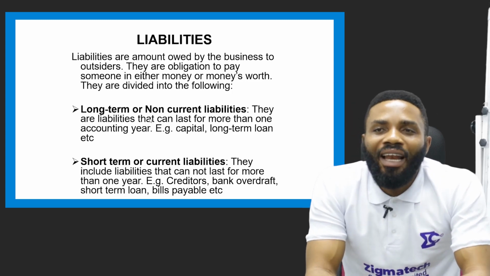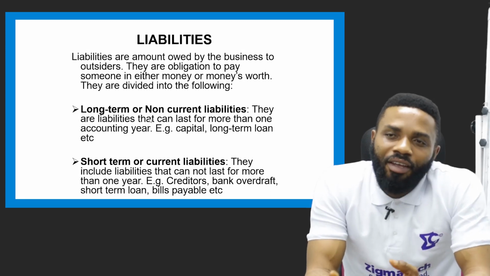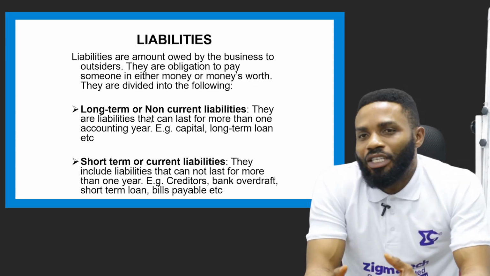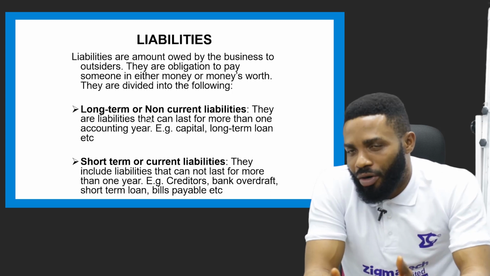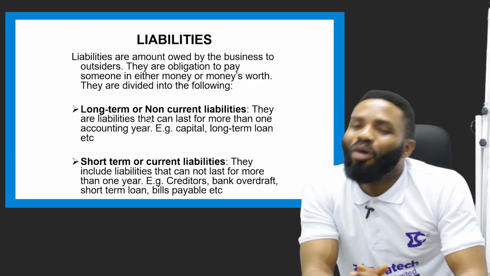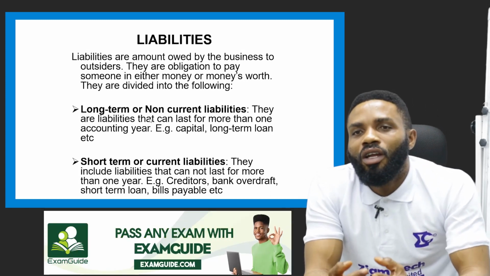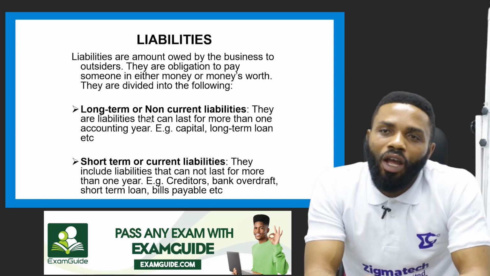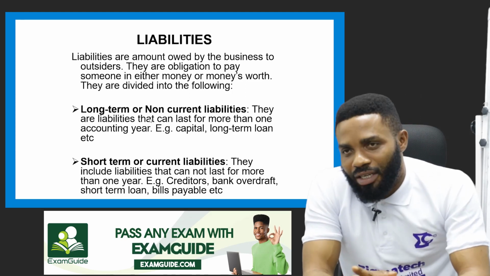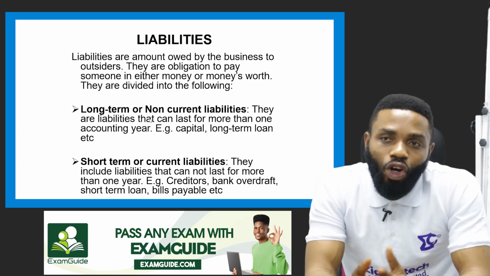Now, when the liability is something that you are expected to pay within 1 year, it is called short-term or current liabilities. But when it is more than 1 year, it is what? Long-term or non-current liabilities.